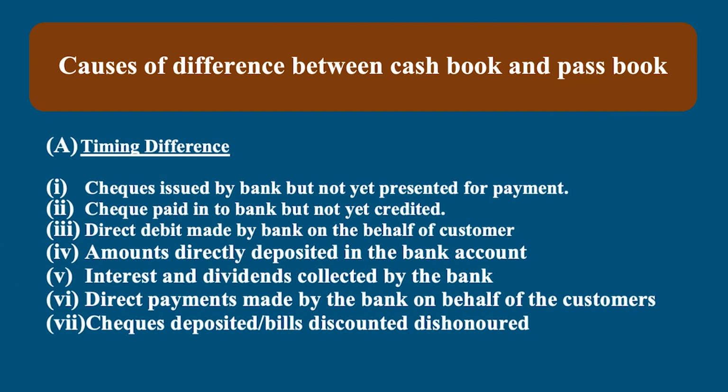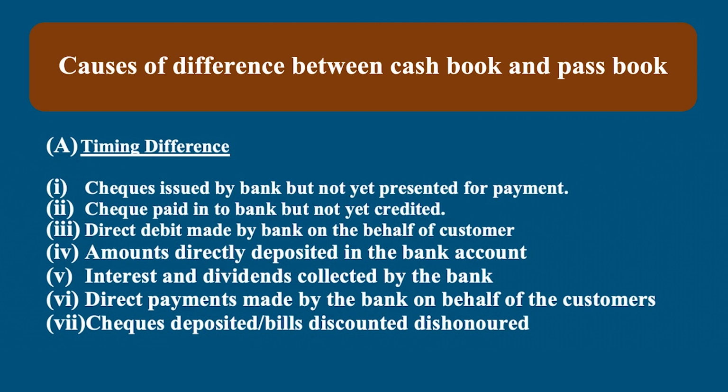The firm comes to know about it only when bank statements arrives. Example of such deductions include checks collection charges, incidental charges, interest on overdrafts, unpaid checks deducted by the bank, i.e.